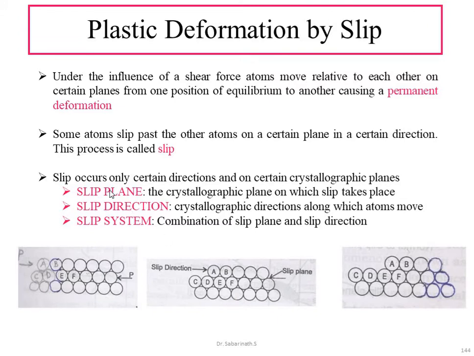The slip actually occurs on a certain plane which is known as the slip plane, and the direction which we have studied is known as the slip direction. The combination of the crystallographic plane along which slip occurs and the crystallographic direction along which the atoms move, the combined system, is known as a slip system.